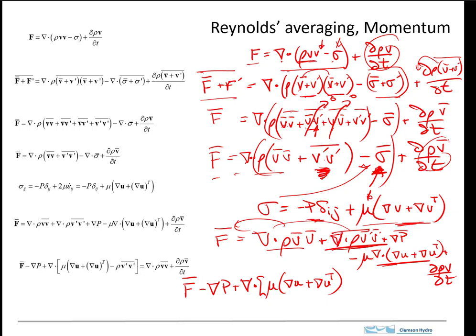See how we've got del dot rho VV? So here's del dot this stuff, and we're going to add to it. It's going to come over here, so it's a negative sign, and it's going to be rho V prime V prime bars, and then we close it.